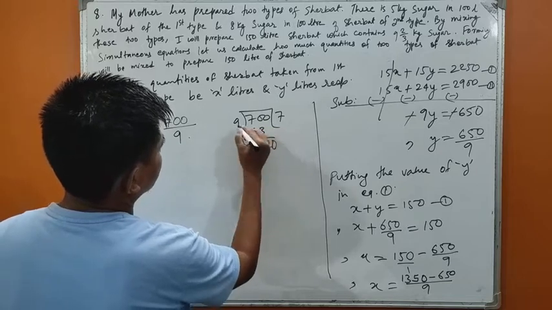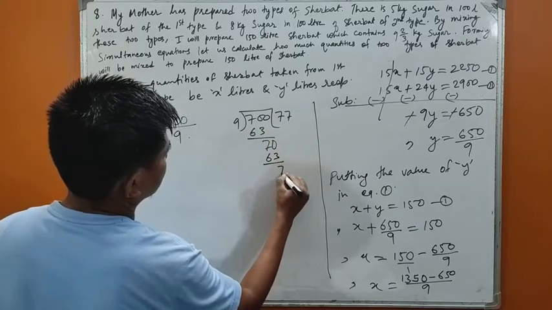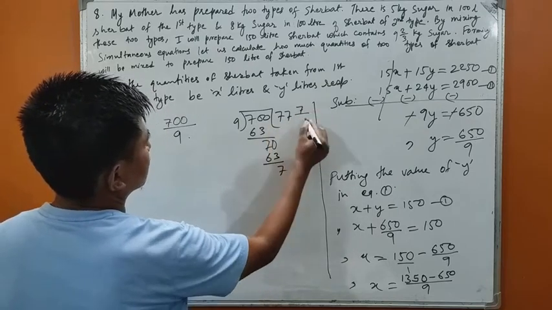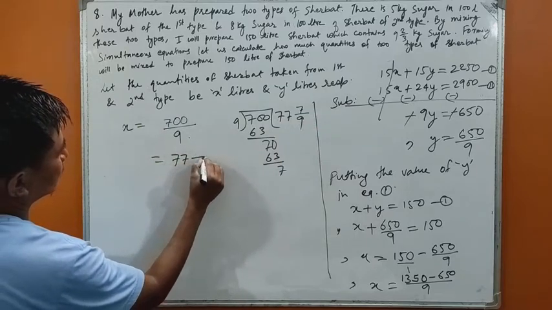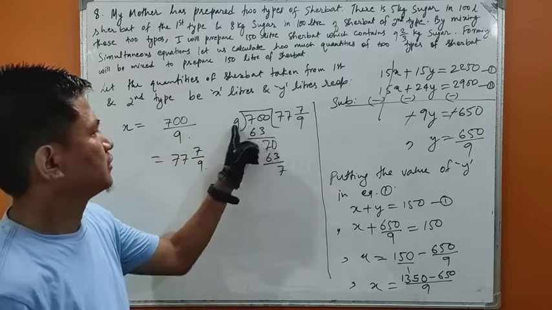This 0 comes. 9 sevens are 63. 10 minus 3 is 7. So 77 whole, 7 upon 9. So x equals 77 whole, 7 upon 9.